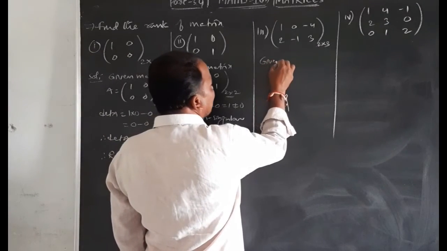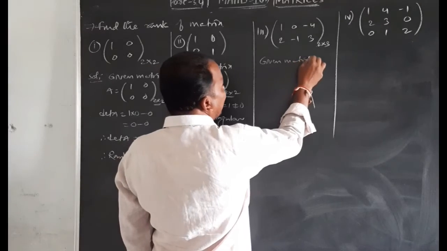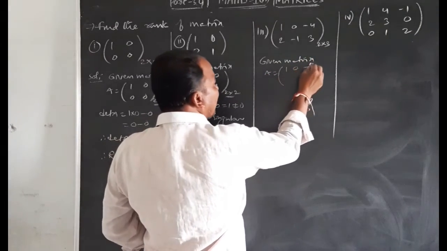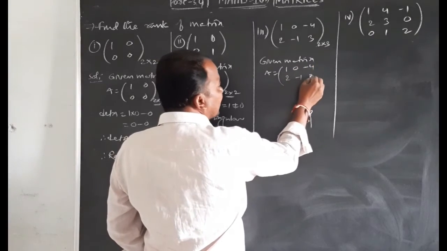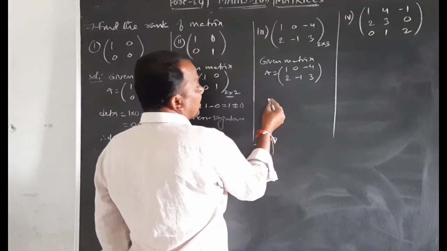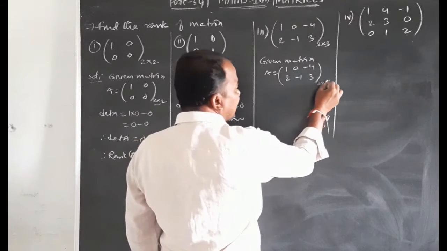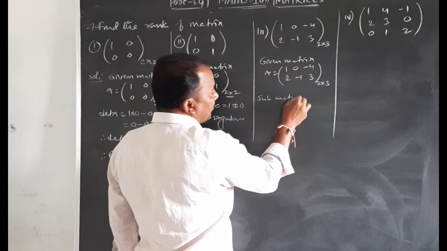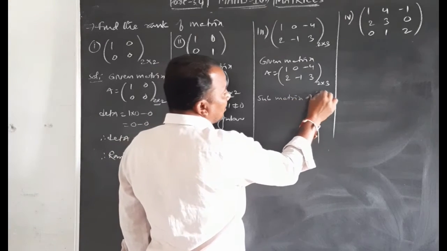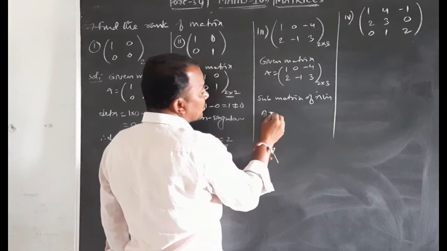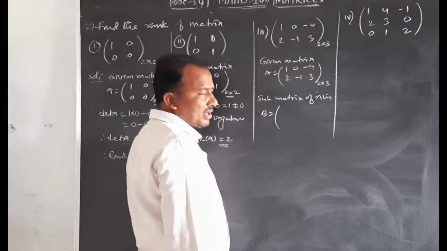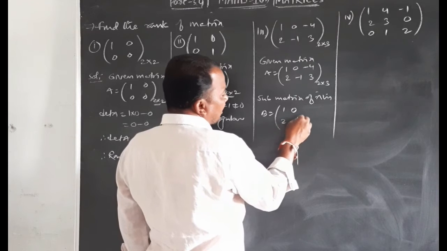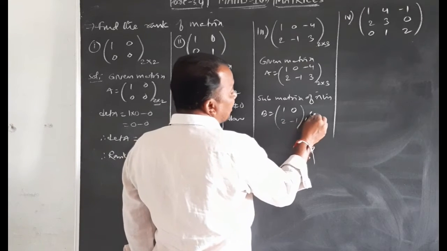Given matrix A equals 1 0 minus 4, 2 minus 1 3. It is a 2 by 3 matrix. A submatrix of A is B, taking any rows and columns: the last column, C3, is deleted, so B equals 1 0, 2 minus 1.